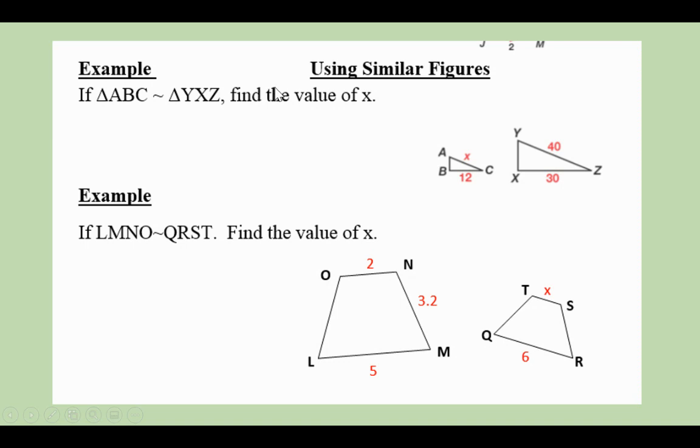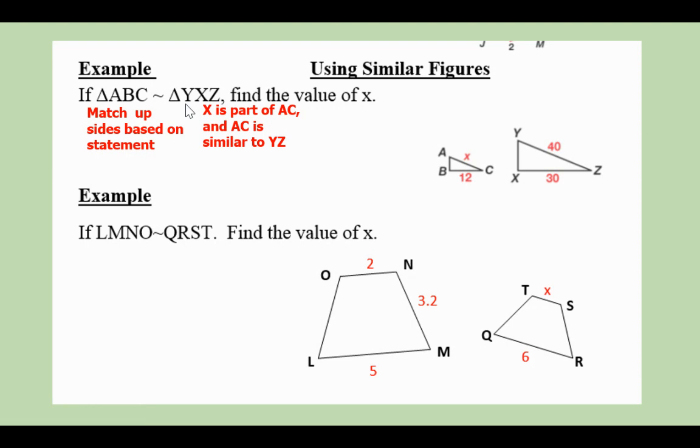Next, here's our similarity statement, and we want to make sure we match things up. X is part of AC. If you look for the variable, it's part of AC, so it's going to be over here. AC is partnered up with YZ. What is YZ in this case?